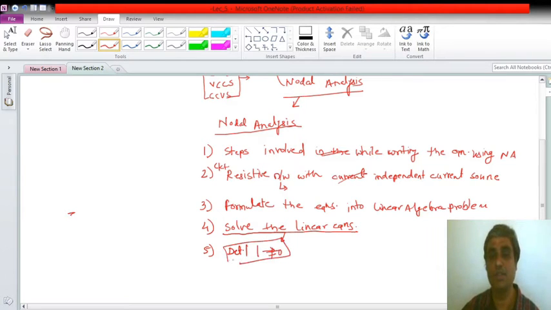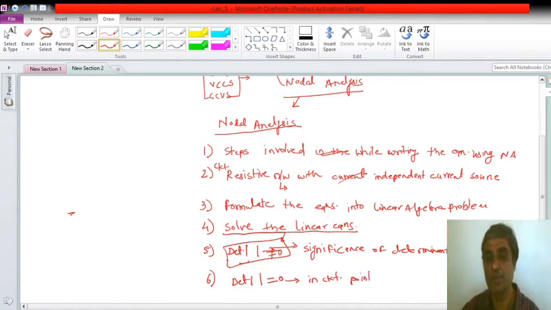So during this, we'll try to see the significance, or role, of the determinant. Then we'll see what will happen if the determinant of the resultant matrix is 0, and what its interpretation is from the circuit point of view, whether a solution exists or not.